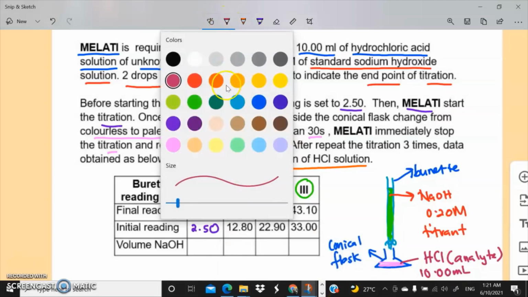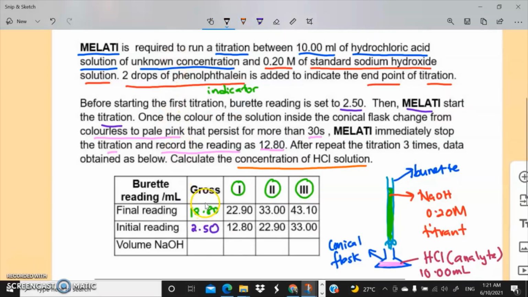Okay, now let us see information from the table. From the gross reading, my initial reading is 2.50. My final reading is 12.80. So how much volume of sodium hydroxide is used? 10.30. So this is the volume of the titrant used in gross reading.